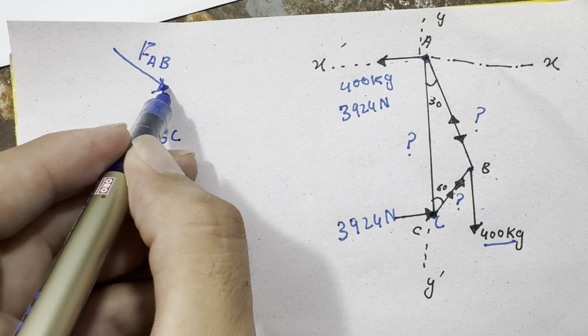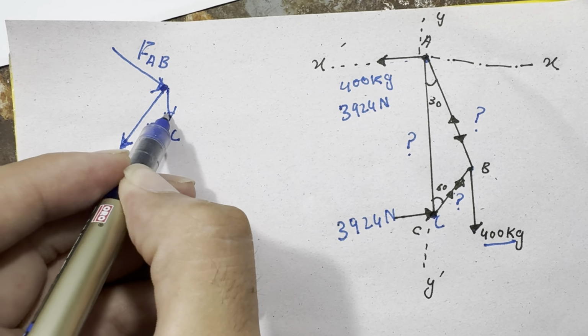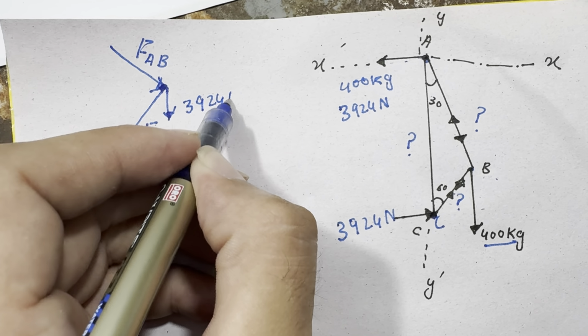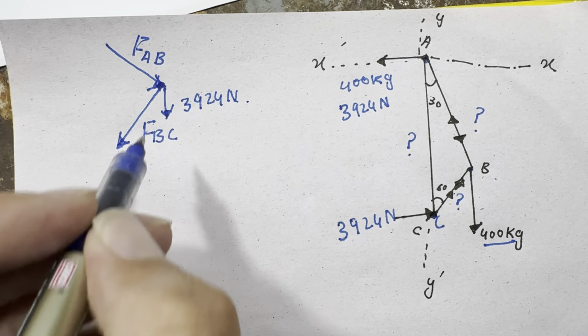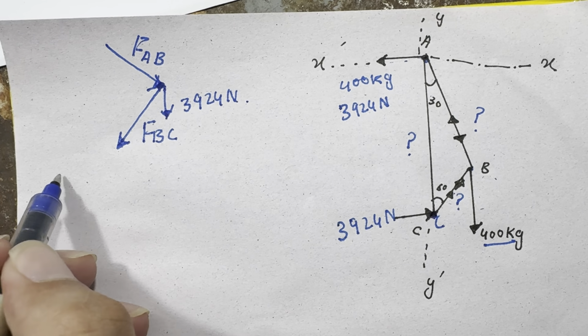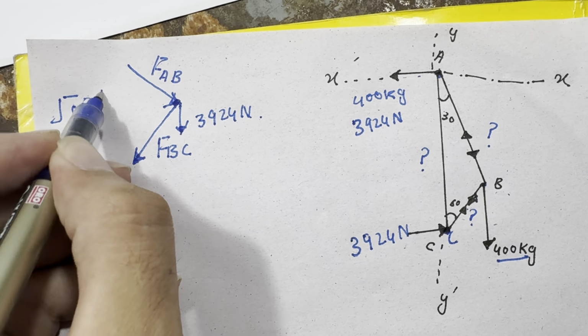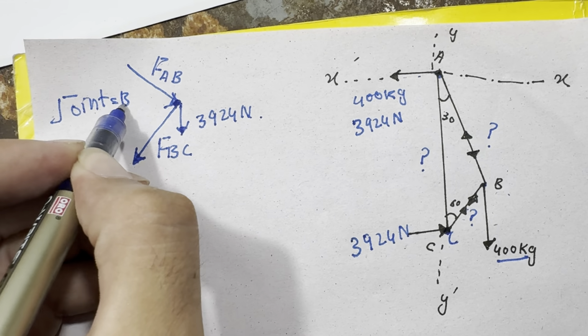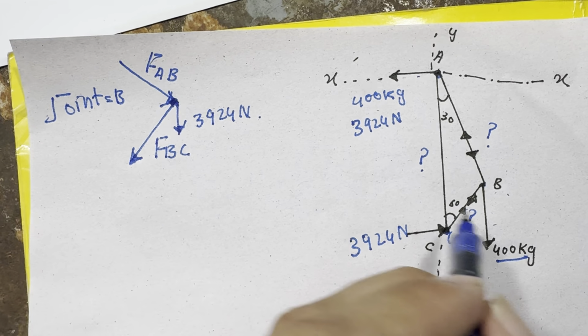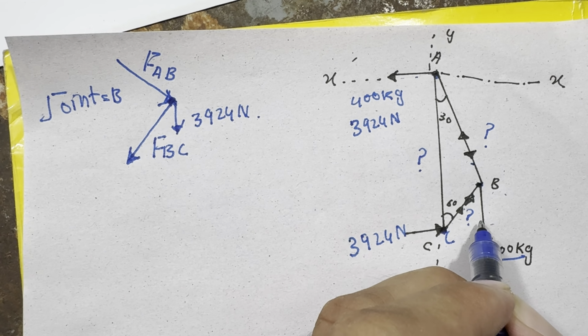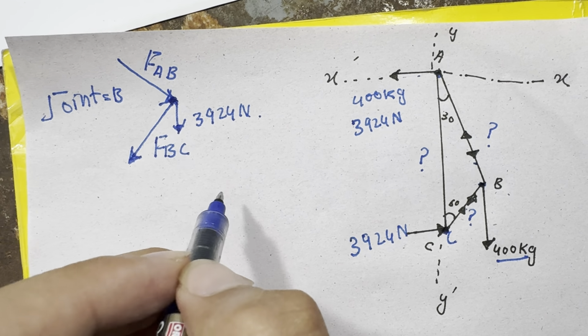And there is another vertical force which is 400 kg, or 3924 newton. So when I take joint B, this joint, there is one member, another member, and another force: 1, 2, 3.